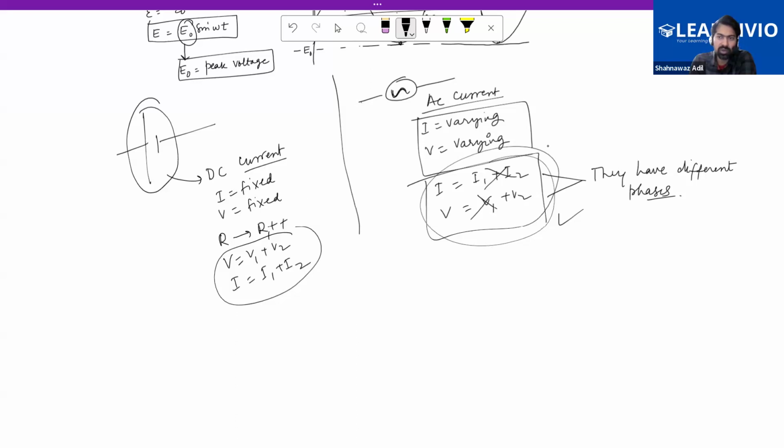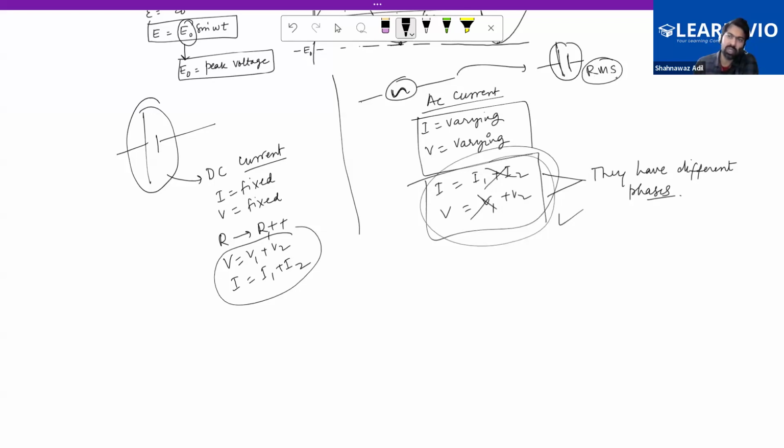Before we talk about how we can simplify the scenario, we can convert this AC into some approximate DC supply, and that we do by changing this AC current into RMS values, root mean square values. So we convert this, and this would be the overall voltage that we would be getting.